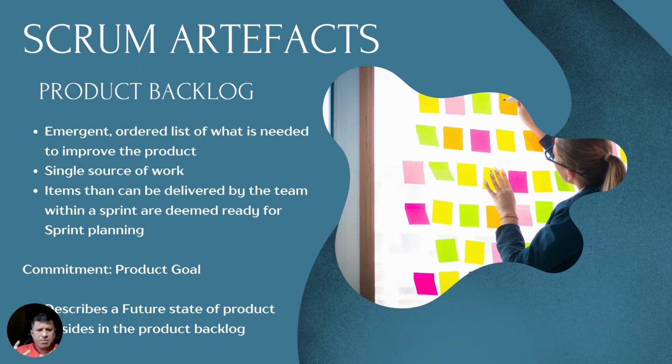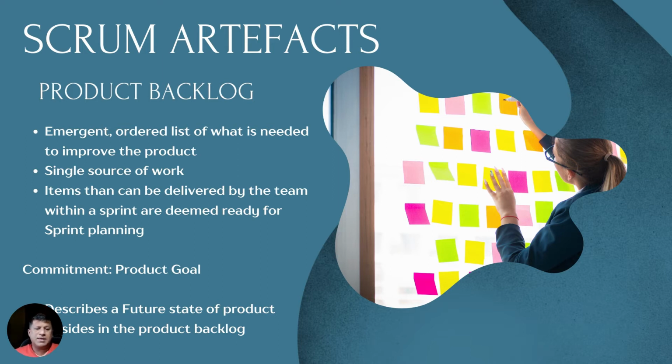Now, the commitment from the product backlog by the Scrum team is the product goal to be accomplished. And what does a product backlog do? Looking at a product backlog, you can actually tell the target state of the product that we are working on, correct?